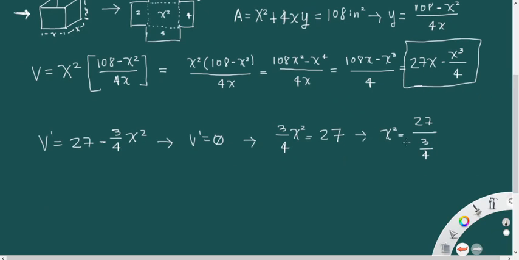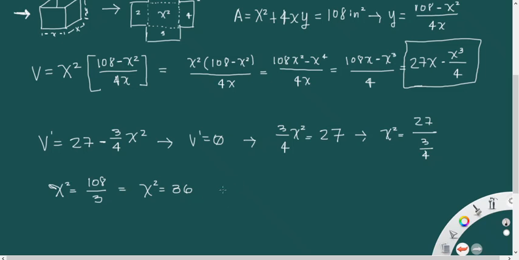We will end up with x squared equals 27 times 4, that is equal to 108, and 3 times 1, this is equal to 3. So x squared equals 36.